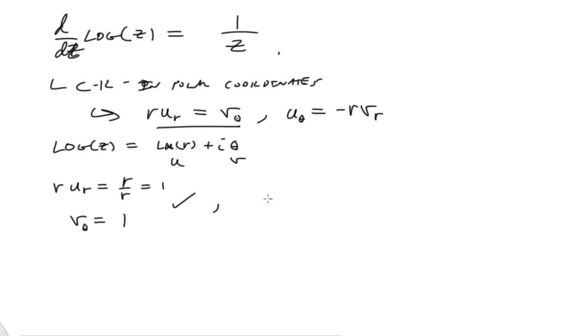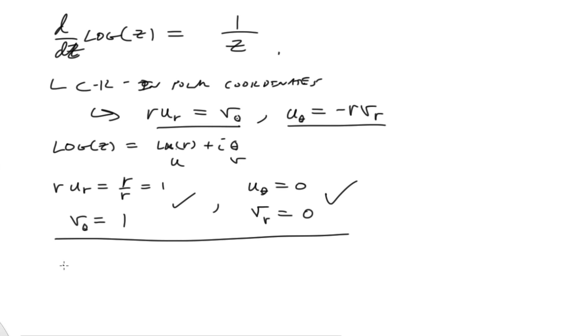Likewise, u_theta is equal to 0 because u is not a function of theta. Likewise, v is not a function of r, so v_r is also 0, and that also checks out. So the other Cauchy-Riemann equation checks out. Okay, so then the next question is, how do we find the derivative? You'll have to go back in the book to the polar coordinates section.